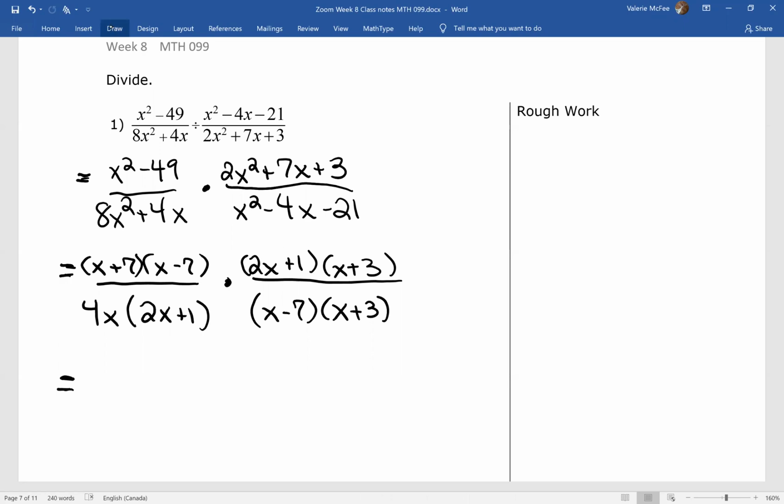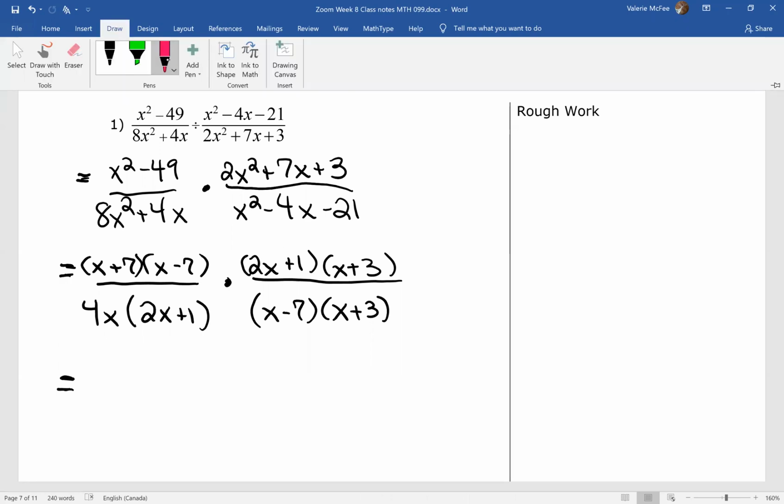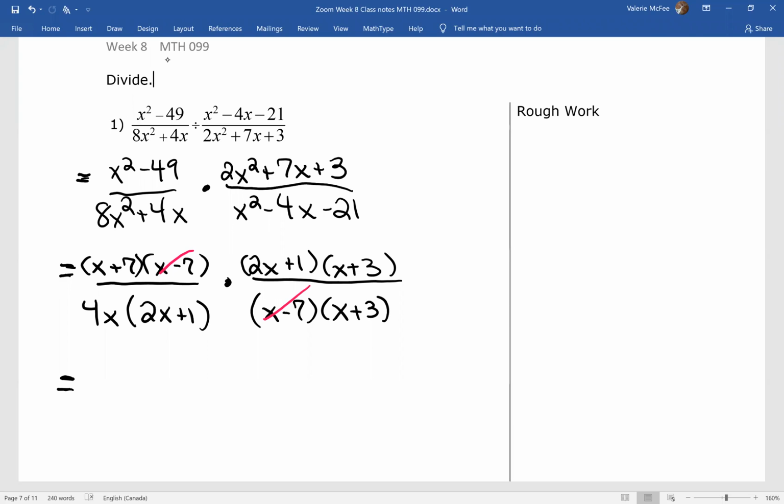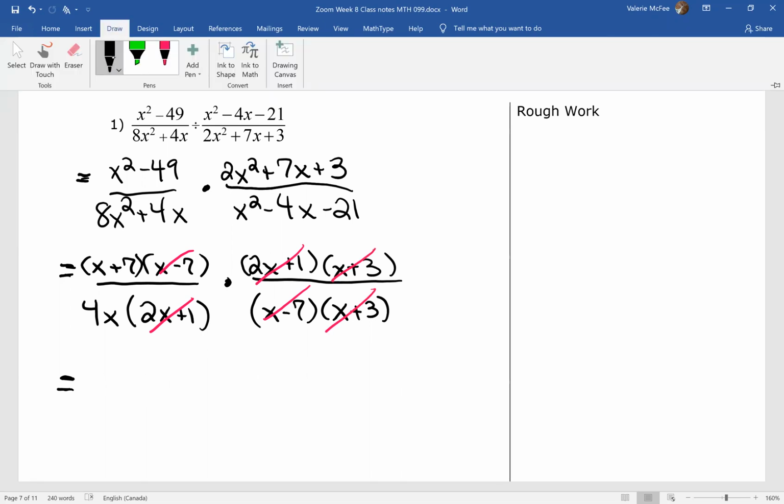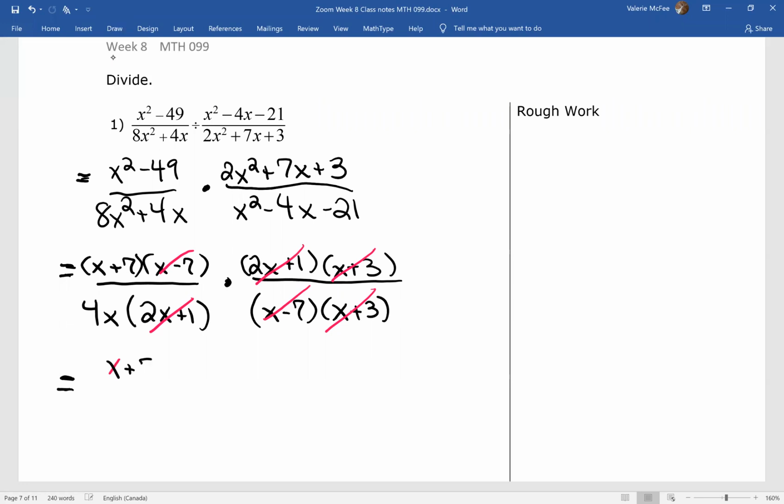Now that we've factored, we want to cross off, divide out common factors. X minus 7 is common. 2x plus 1 is common. X plus 3 is common. We're left in the numerator with x plus 7 all over 4x.